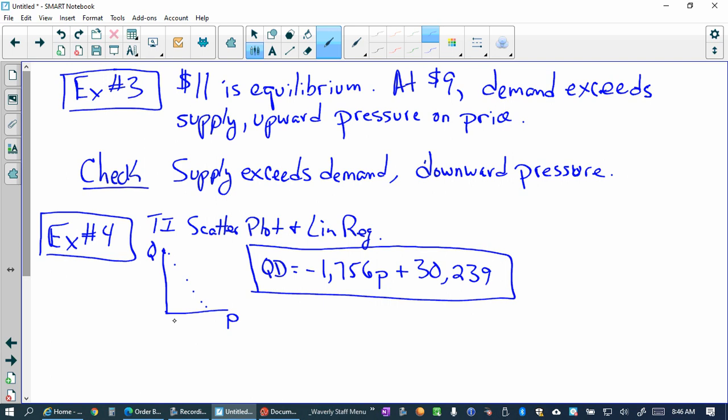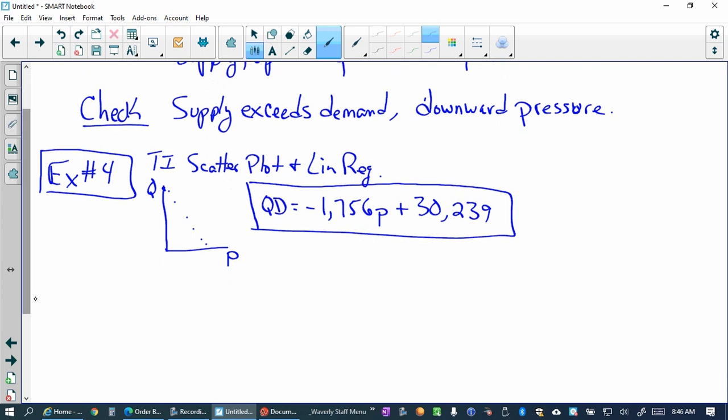What is our slope, though, in real units? So our M, right here. You notice that this rate of change is negative as you put prices in. Let's get the units in there. It means negative 1,756 units per what? Every what? Prices are in what kind of units? Dollars.